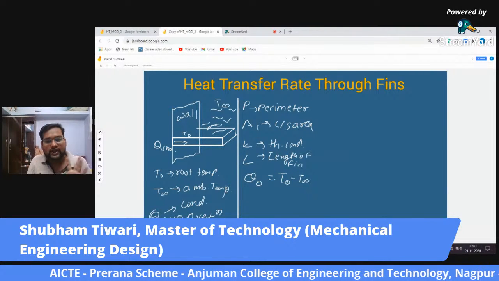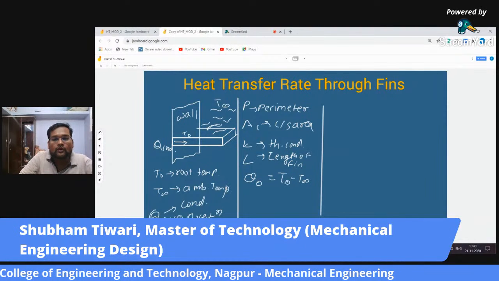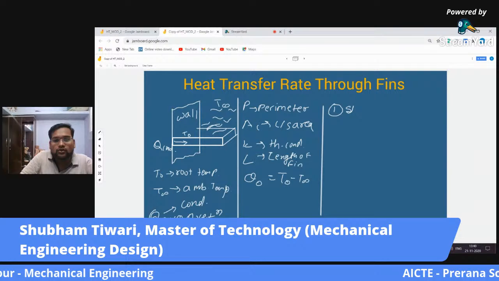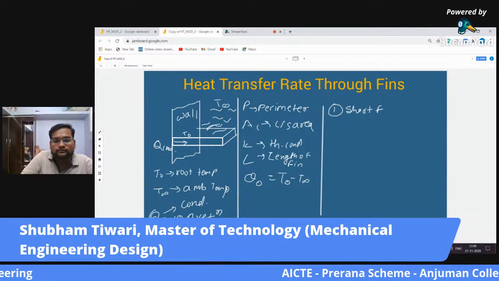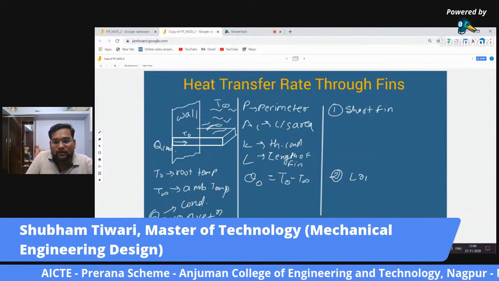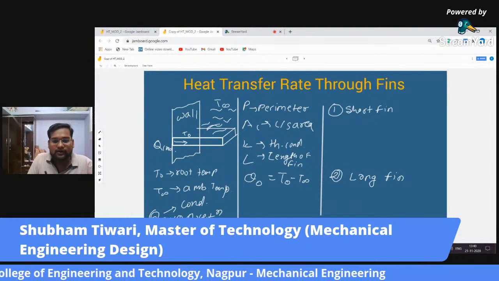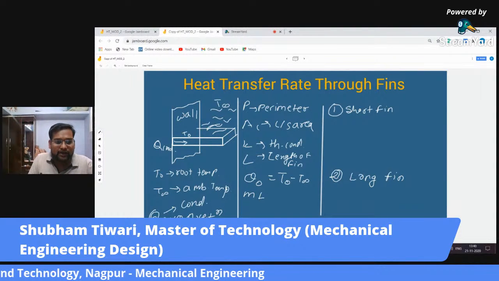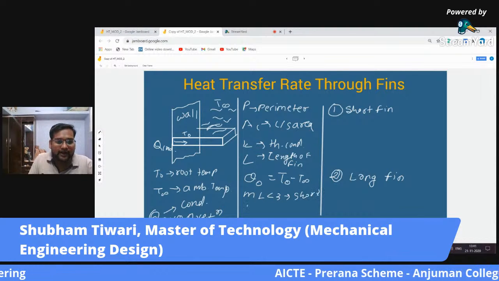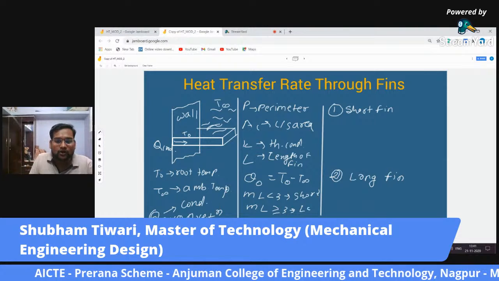There are two types of fins that we are going to see. Number one is a short fin, and number two is a long fin. To determine if a fin is long or short, we have this condition: if mL is less than 3, then the fin is said to be short, and if mL is greater than or equal to 3, then the fin is said to be long.